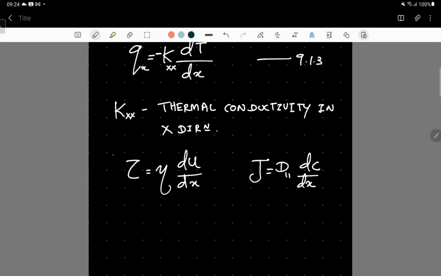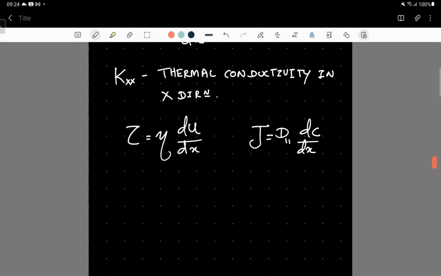And even furthermore, we can think of an analogy from what we have already learned from, let's say, one-dimensional stress-strain problems. If we think of stresses and strains, the stresses in the x direction can be written in terms of the modulus of elasticity times the strain.